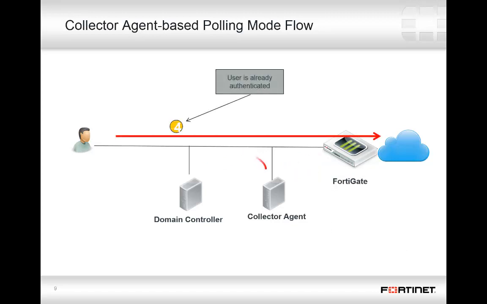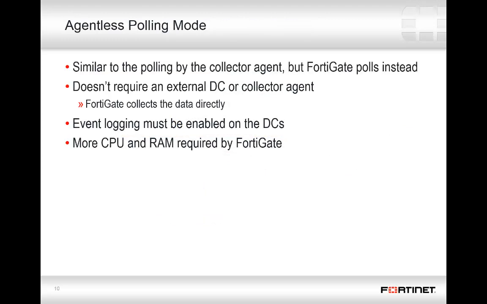When user traffic arrives at the FortiGate, it already knows who is at that IP address and no repeated authentication is required. Finally, you can alternatively deploy FSSO without installing any agents.